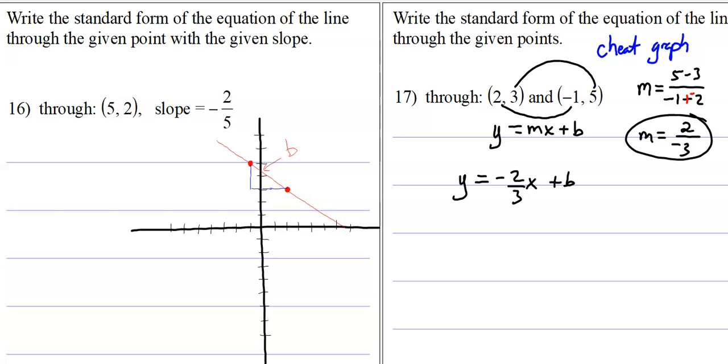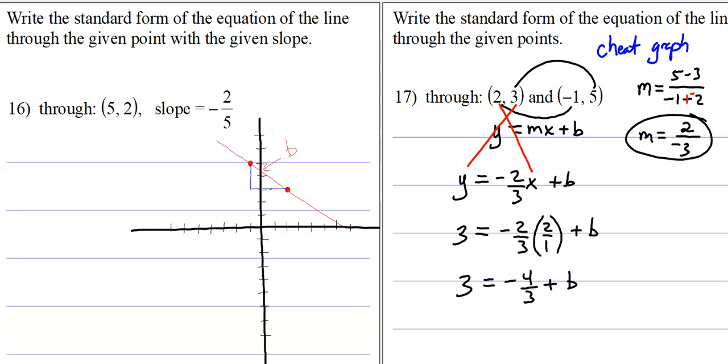Choose a point. This point looks somewhat friendly to me. There's no negatives there. So 3 equals negative 2 over 3 times 2. And this is why we ran into an issue, because I get a fraction here. Doggone it. So that's a negative 4/3 plus b. I'm going to add 4/3 to both sides, or right now we could clear the fraction.